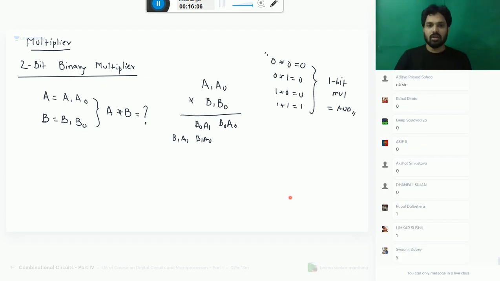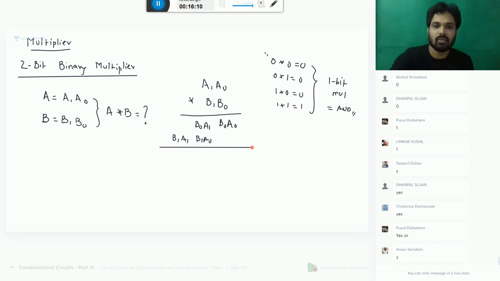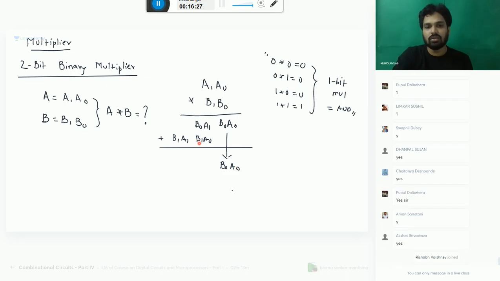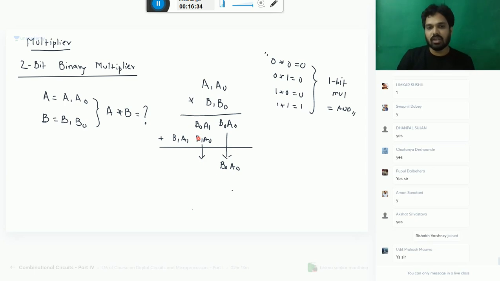Very good. Now, remember carefully. In this process, add this. This will come as it is. I hope you remember the basic additions. This is B0, A0. What about the addition of these two? When you do addition of two bits, B0 A1 and B1 A0, addition will give you two results.